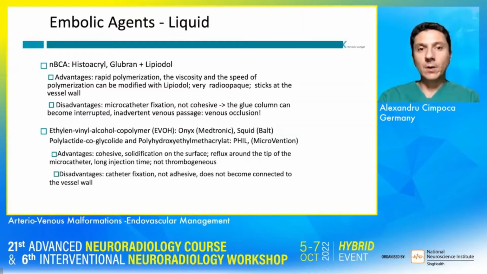I know some of you are using them as a standard embolic agent. The main advantage of Onyx, for example, is the longer injection time, and you can allow a certain degree of reflux around the tip of the microcatheter without being afraid of sticking the microcatheter in the vessel.